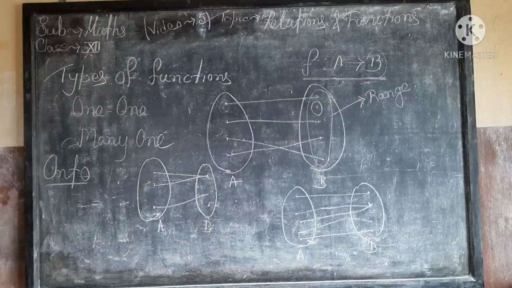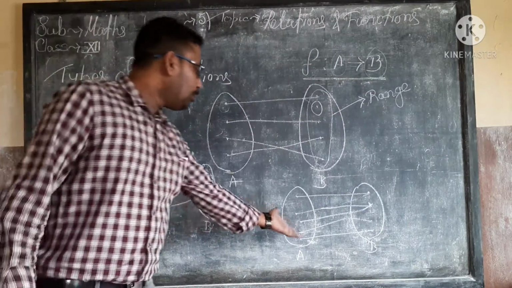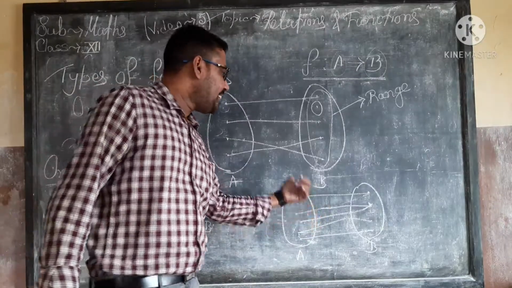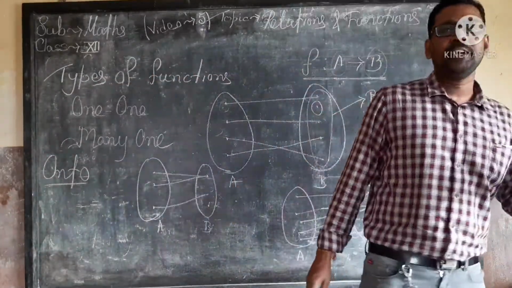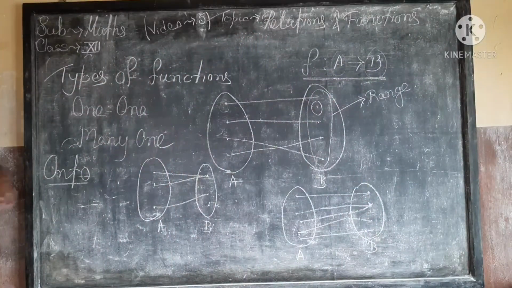So this is the arrow diagram for the onto function. That means suppose this is our set A and it contains 5 elements and this set B contains 4 elements, and this is the arrow diagram.